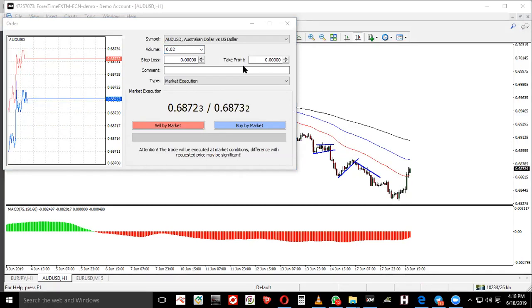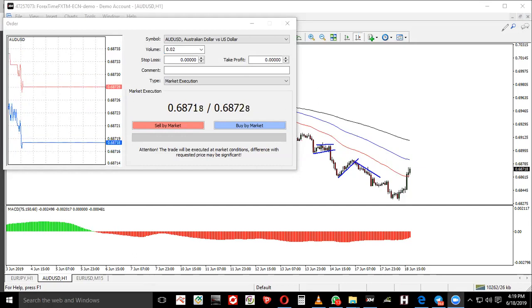Now, this lot sizing is in three categories. Like I said, we have the standard, we have the mini, we have the micro, we have the nano. Let's ignore the nano because it's not useful for anyone.